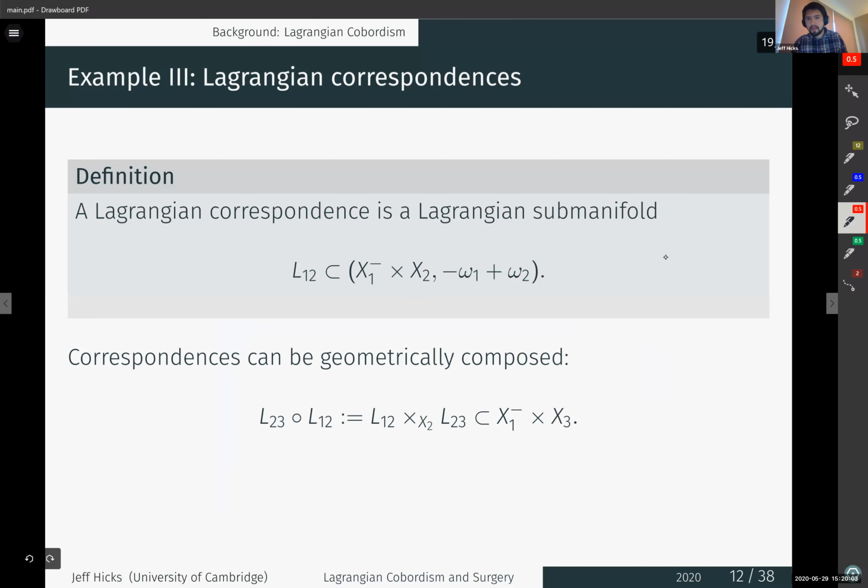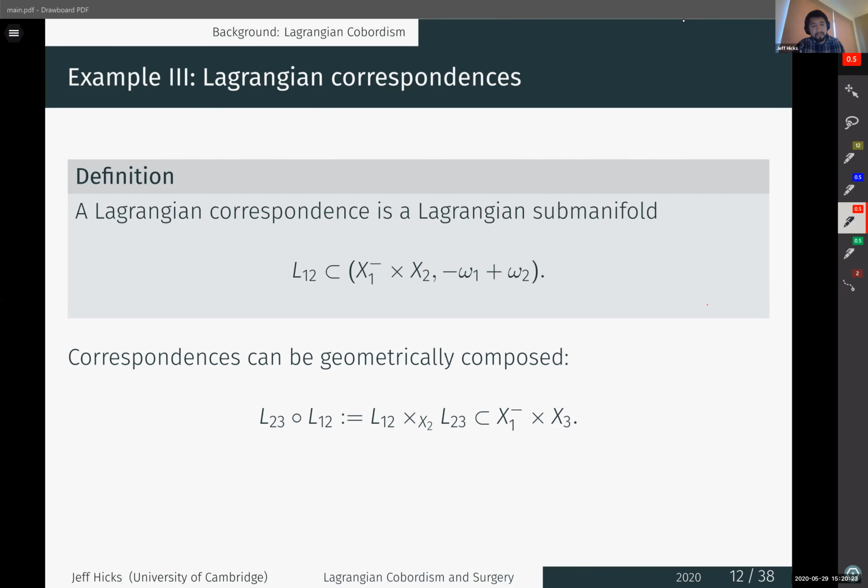Great. So one other example which I want to give is Lagrangian cobordisms coming from Lagrangian correspondences.